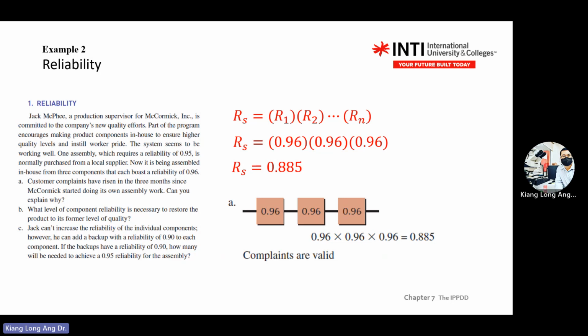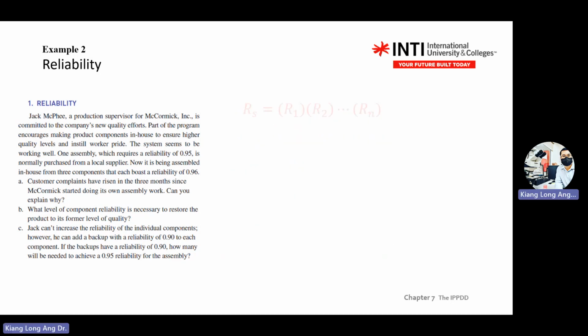Okay. Next question. What level of component reliability is necessary to restore the product to its former level of quality? So you know that the series equation is R1, R2, R3, and so on.